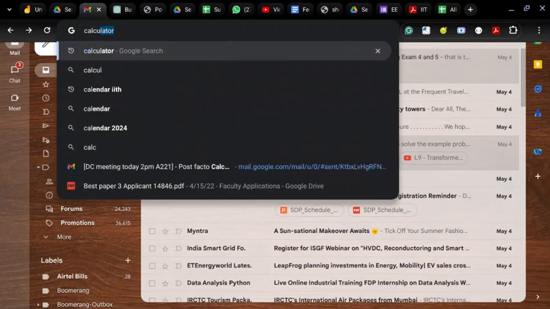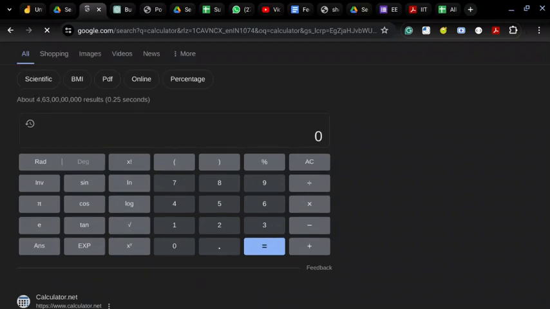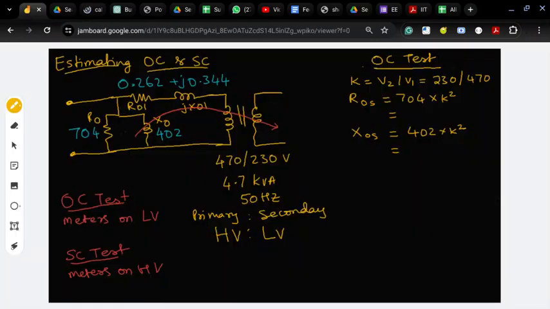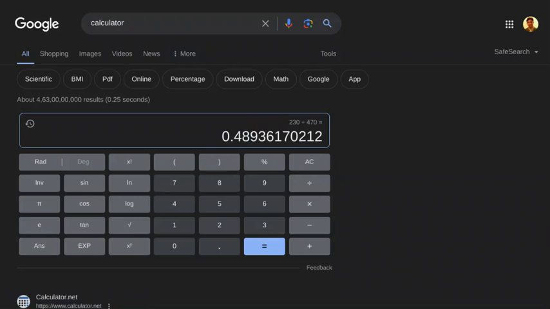I'm opening a calculator. So 230 by 470. 230 divided by 470, so this value is 0.4893.